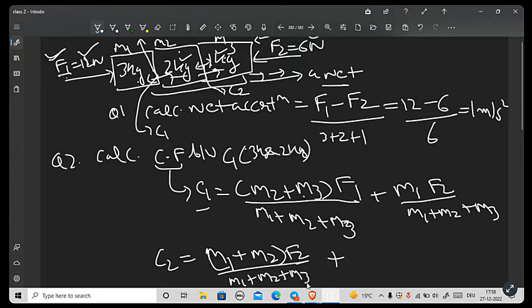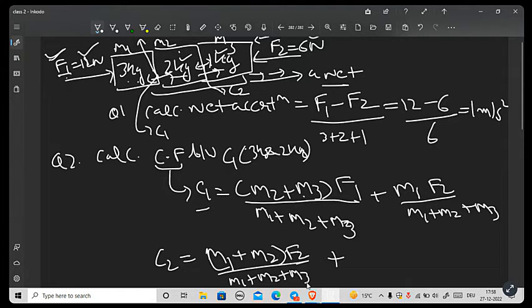Plus, what is the external force also doing? F2 is responsible only for pulling both the 3 kg and 2 kg block towards the right-hand side. Now, what is the contribution of the F1 force between 2 kg and 1 kg?